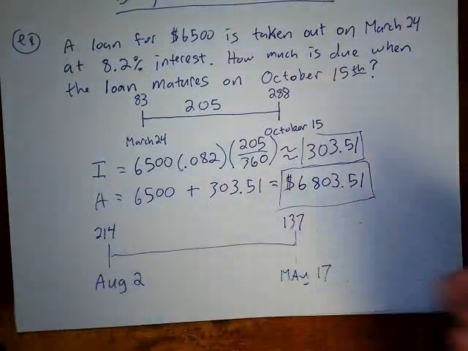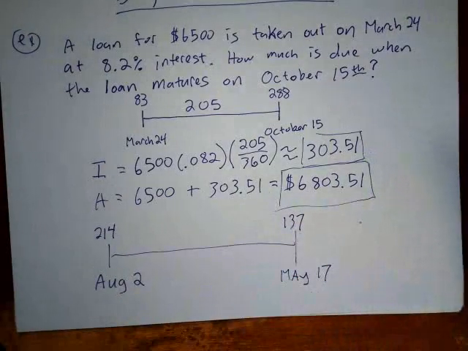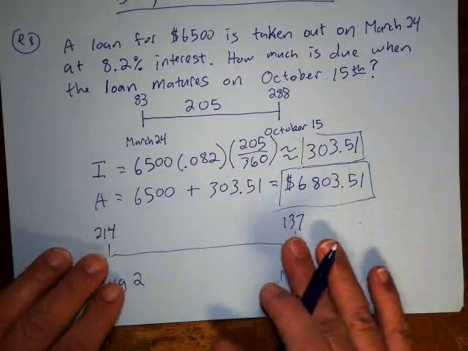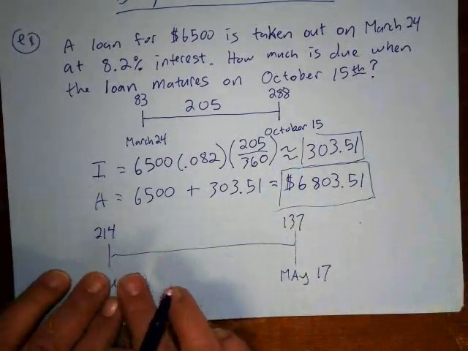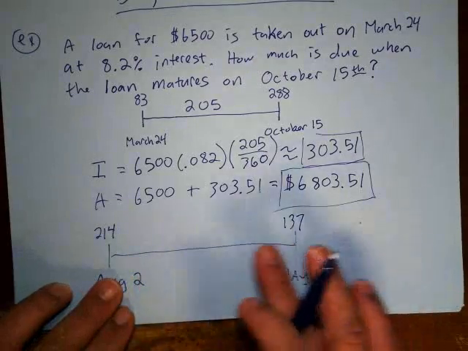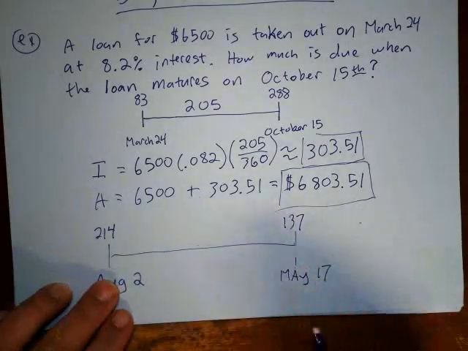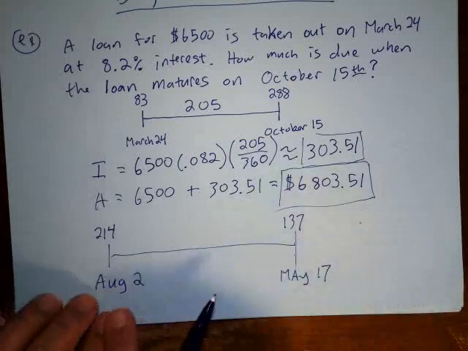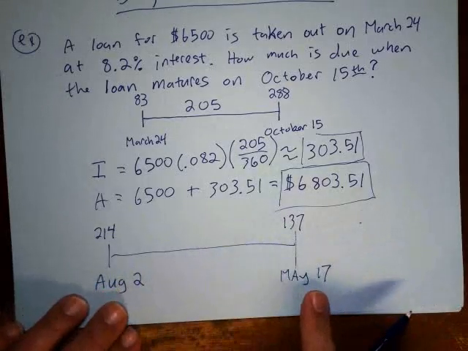Okay, now you're not going to subtract these, and that wouldn't give you how many days between August 2nd all the way to May 17th. It wouldn't be the difference between these. That would actually give you, if the loan started May 17th, ended August 2nd.